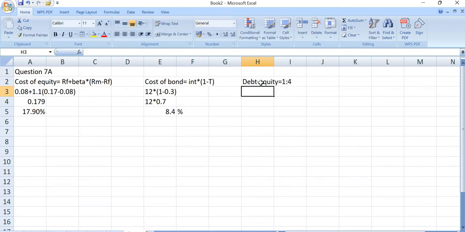That means for one part of debt, we have equity as four parts. So my total capital will be 1 plus 4, that is 5 parts. Hope this is clear. The same kind of problem we got in the last term as well.